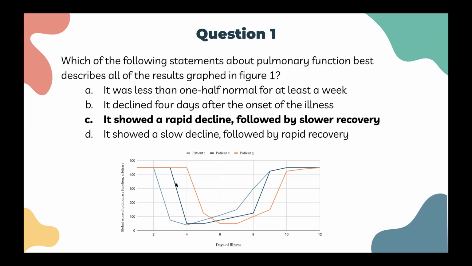For patient 2, it stopped declining on day 4. So this statement, choice B, is only applicable to patient 2. And for patient 3, the pulmonary function continued to decline on day 5. Okay. So what did you guys get for the second question?